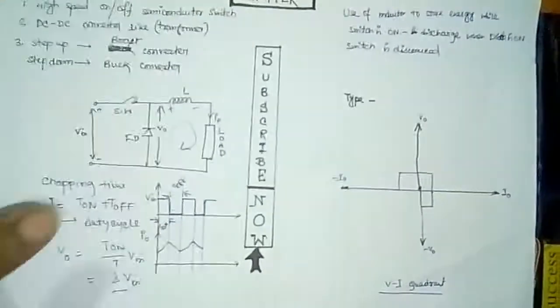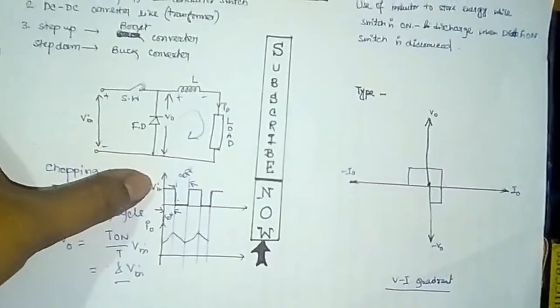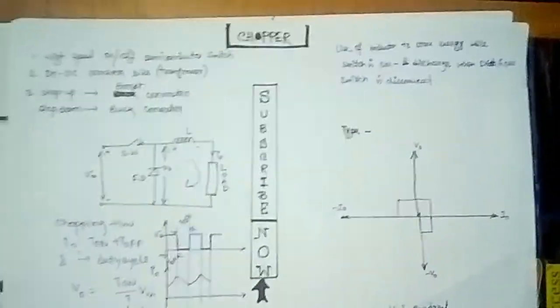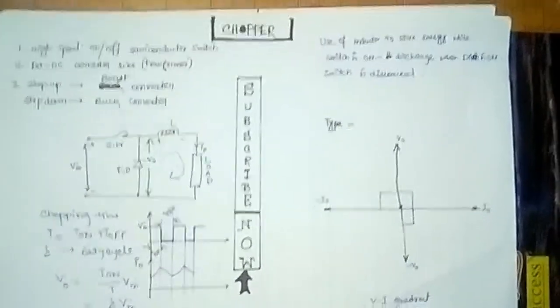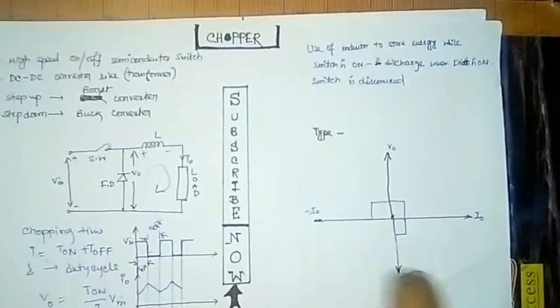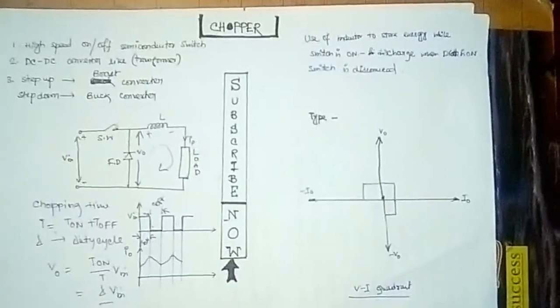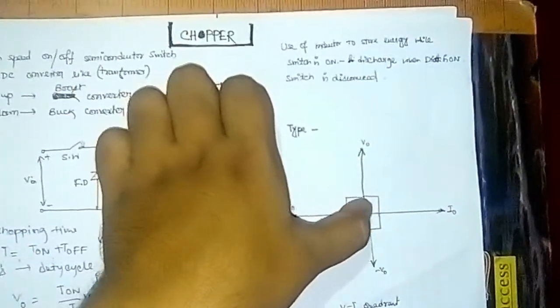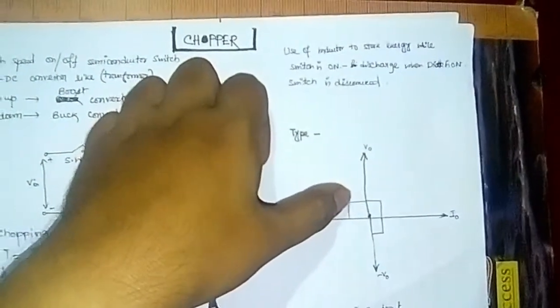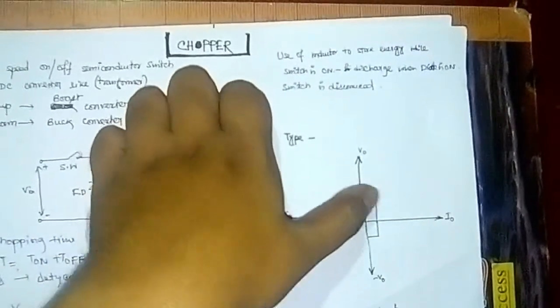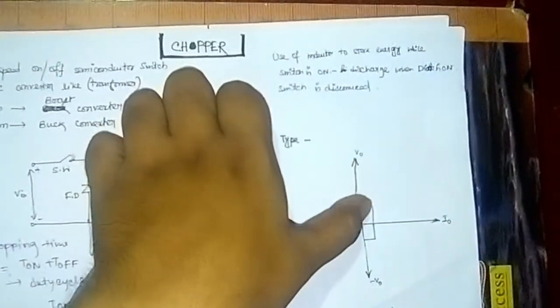Now here you can see there are two output waves. The first is the voltage output and the current output. Depending on the voltage and current output, if we plot inside a four quadrant plane, we will get different output waves. Somewhere we will get the output in the first quadrant, or in the second quadrant, or sometimes in both the first and second quadrant, or both the first and fourth quadrant.